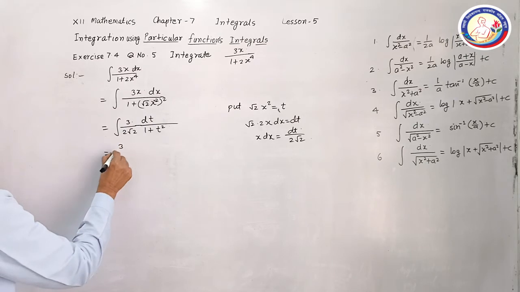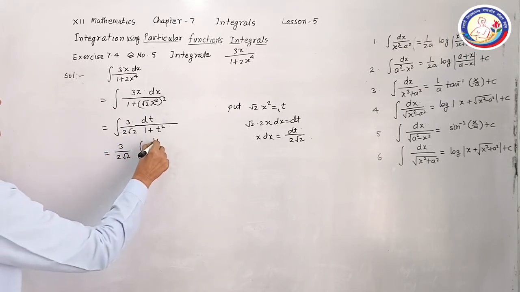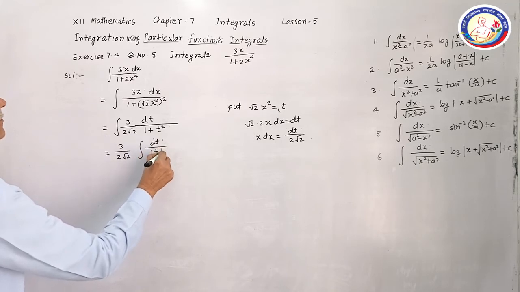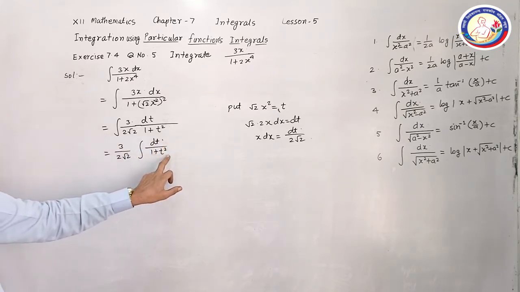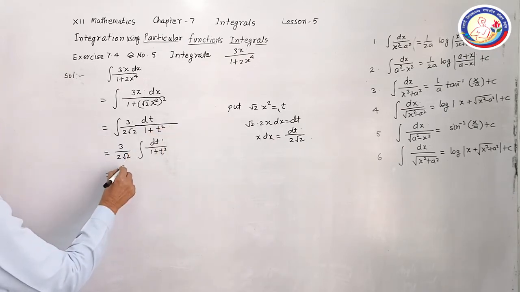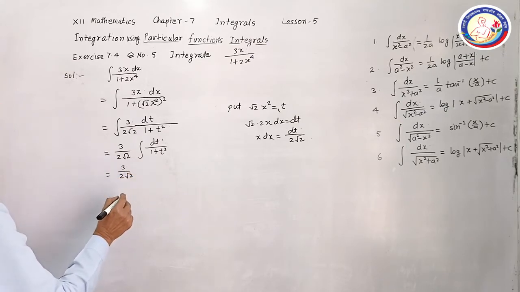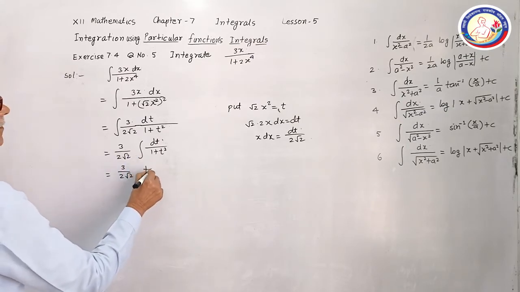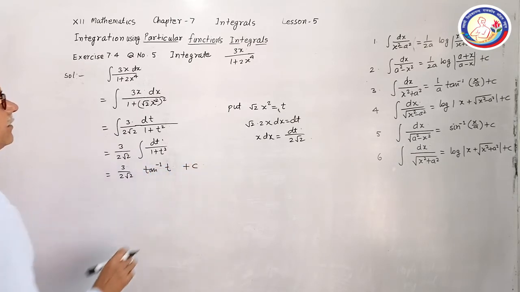So 3 upon 2 root 2 integration of dt on 1 plus t square. What is this? This is tangent inverse t. So simply 3 upon 2 root 2 tangent inverse t plus constant of integration.